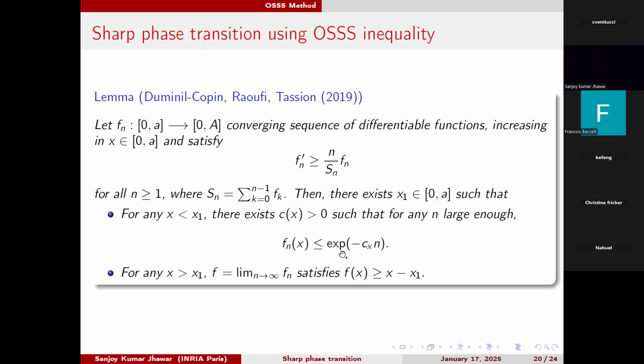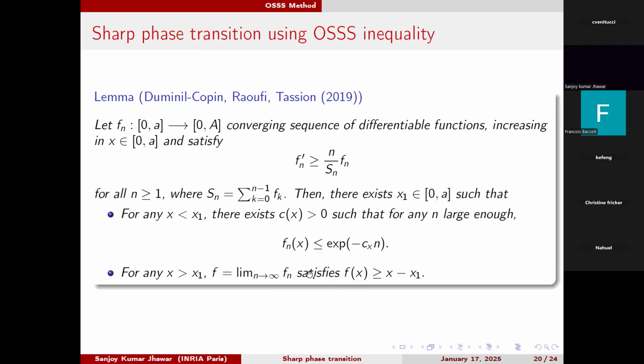Then we have a result that more or less looks like the sharp phase transition, that is, below a critical value you have exponential decay, and above the critical value you have a uniform lower bound.